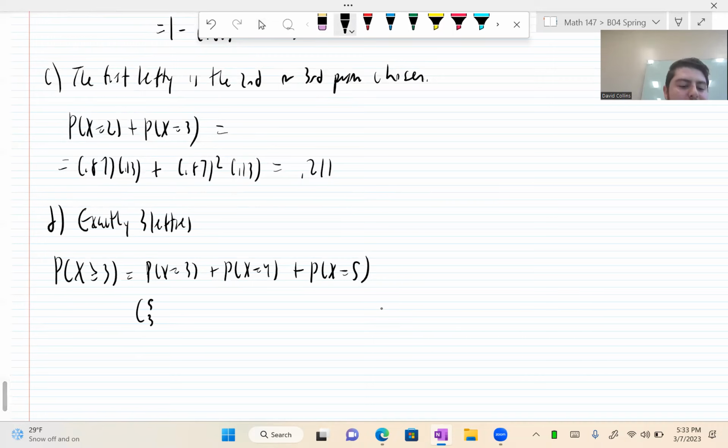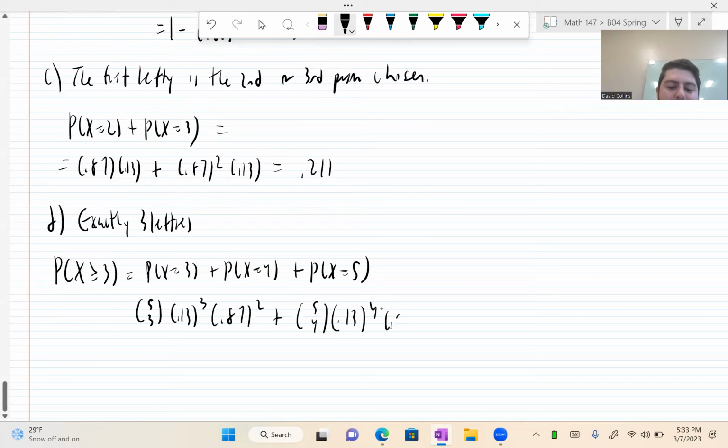So this is 5 choose 3, 0.13 to the 3, 0.87 to the 2, plus 5 choose 4, 0.13 to the 4, 0.87 to 1, plus 5 choose 5, 0.13 to the 5, 0.87 to the 0.